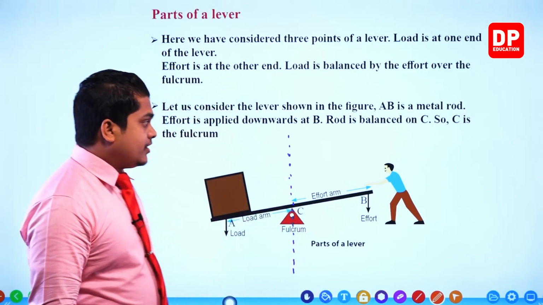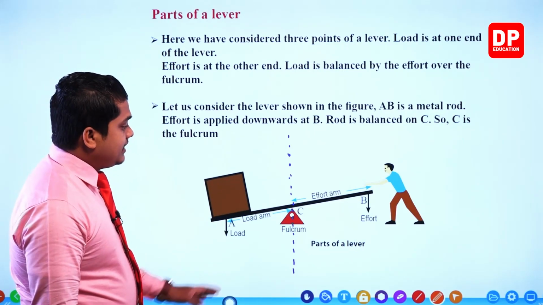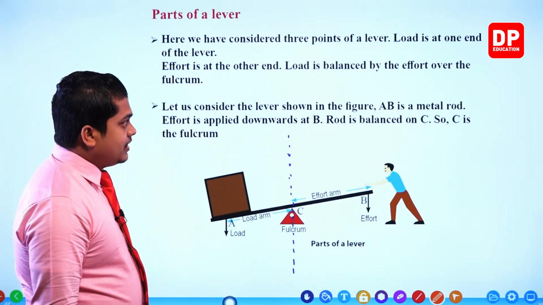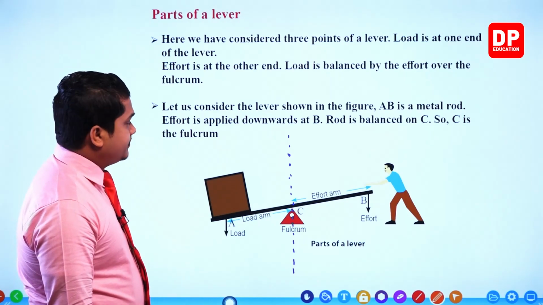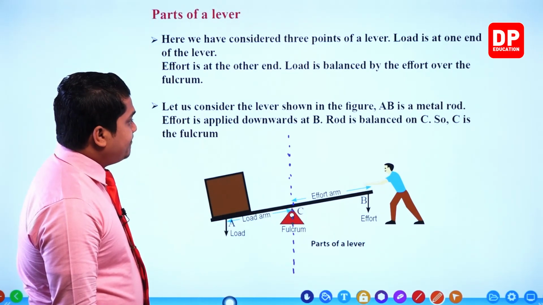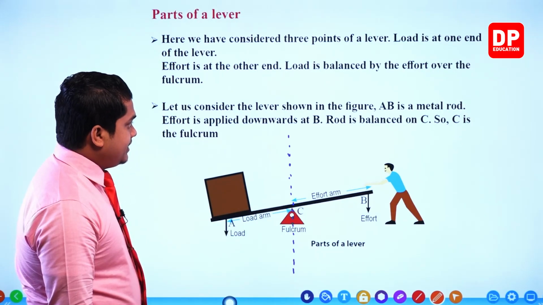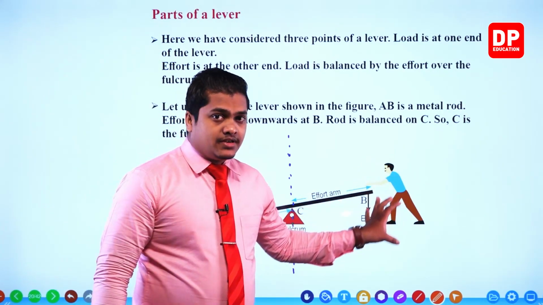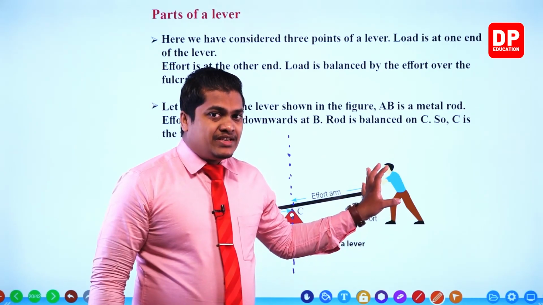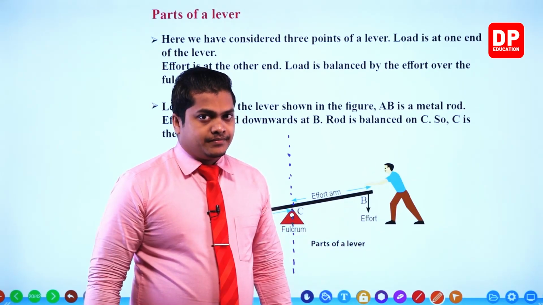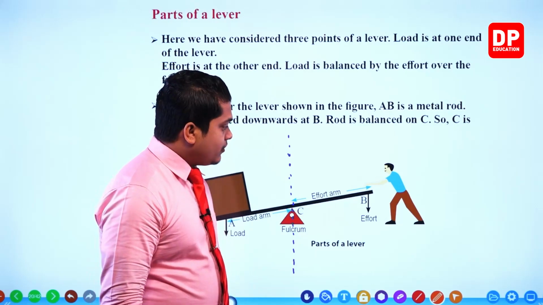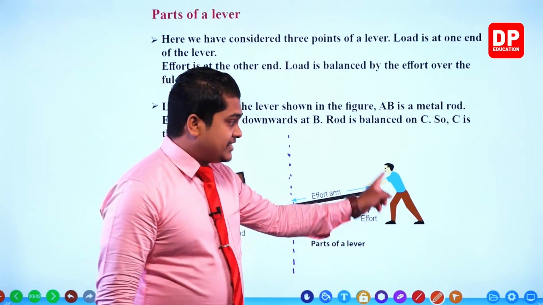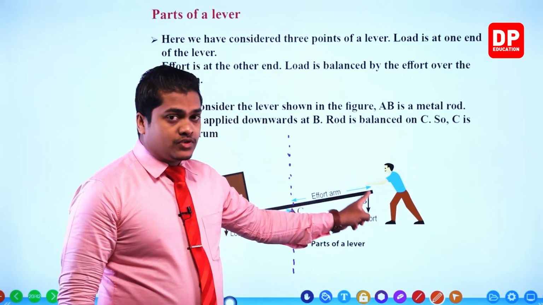Okay, so here there is a lever given in the diagram. As given here, the AB rod is a metal rod. Effort is applied downwards at B. So a downward force is applied at B, which is called the effort. This is the person who is applying that force.